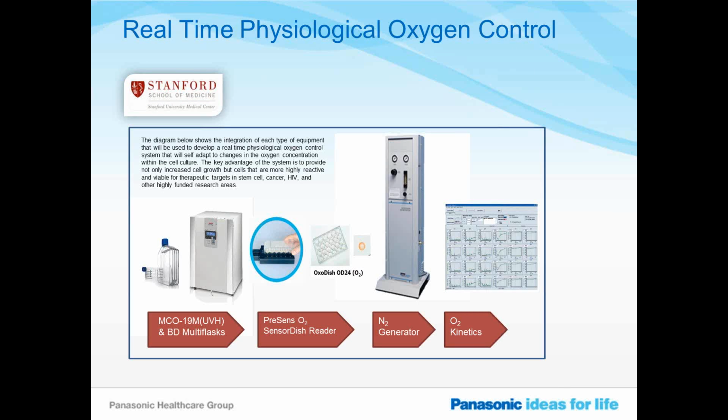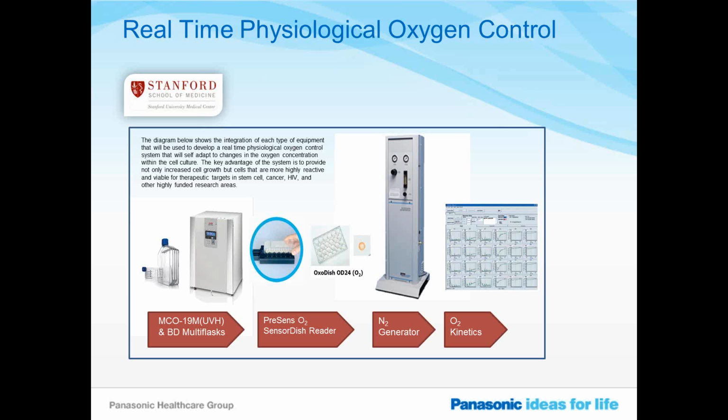What most people understand is that when you enter an oxygen level you prefer on your incubator, whichever incubator you have, you hope that it's actually providing that oxygen and CO2 level to your cells. But what we've seen in a lot of studies with BD, with us combined, and with Stanford is that what's really going on in that cell culture plate could be a little bit different, and there could be some variation.